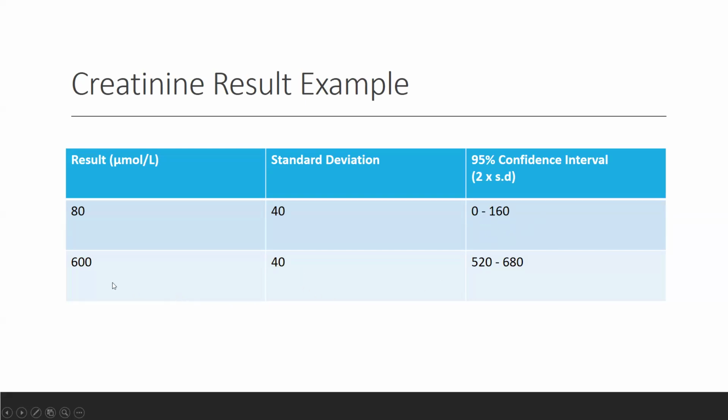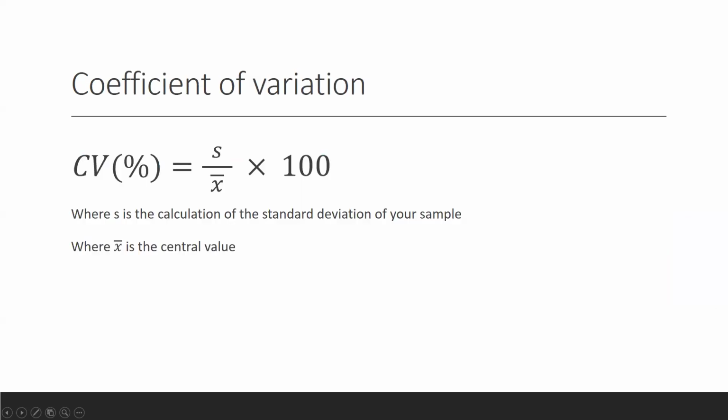Now, let's consider the same thing where the creatinine result is 600 and the standard deviation is exactly the same at 40. The confidence interval for if we ran the test once on the analytical platform would sit between 520 and 680. Now, clinically, this is much less ambiguous. It represents end-stage renal failure. I'm not suggesting this is ideal, but it's less ambiguous.